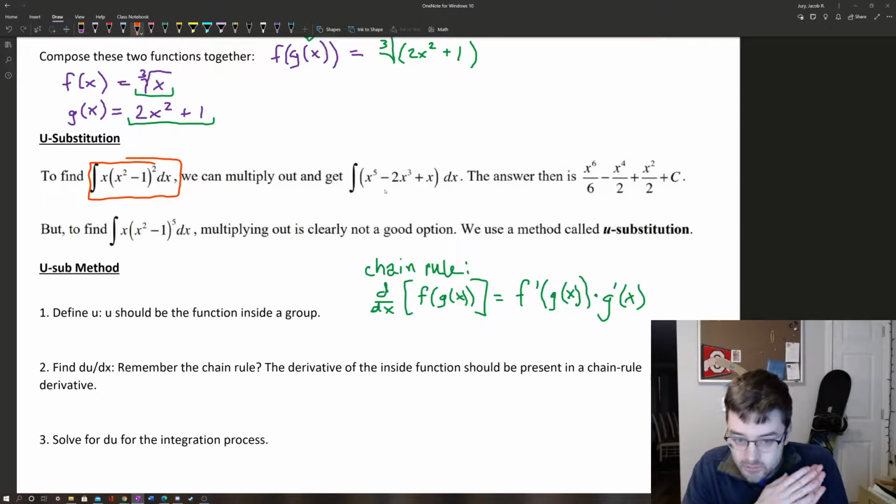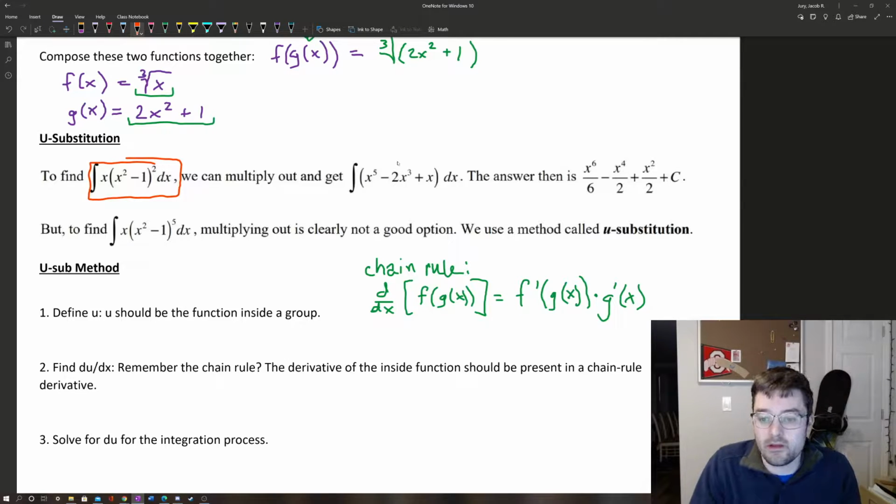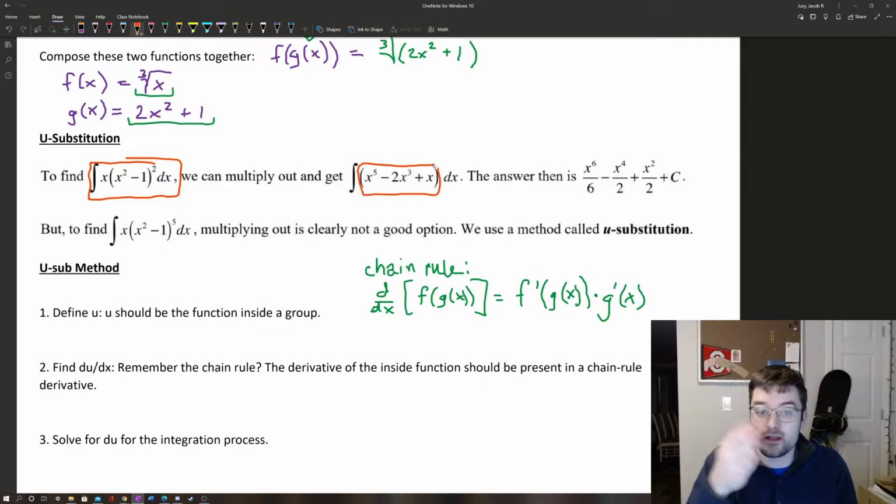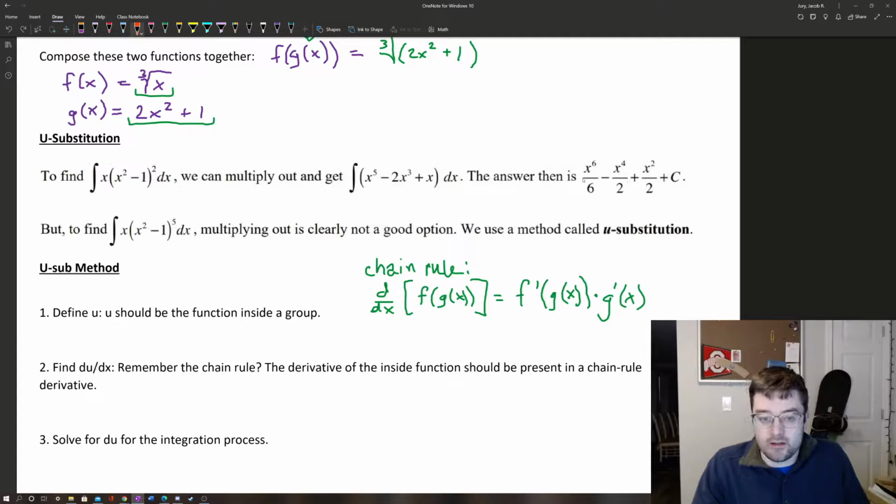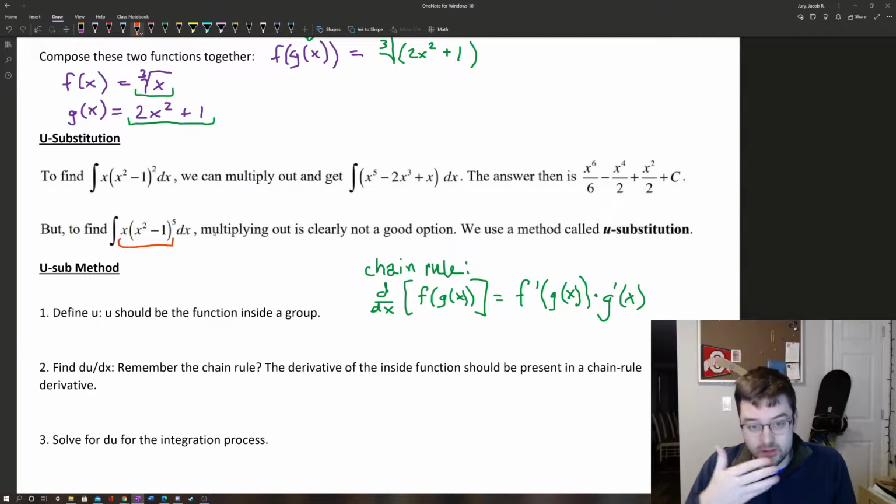We'll just multiply it all out. We'll end up with this trinomial, and then we can integrate each piece individually. And you can see the answer there at the far right. But with something like x squared minus 1 to the fifth, that is going to be a pain to multiply out.